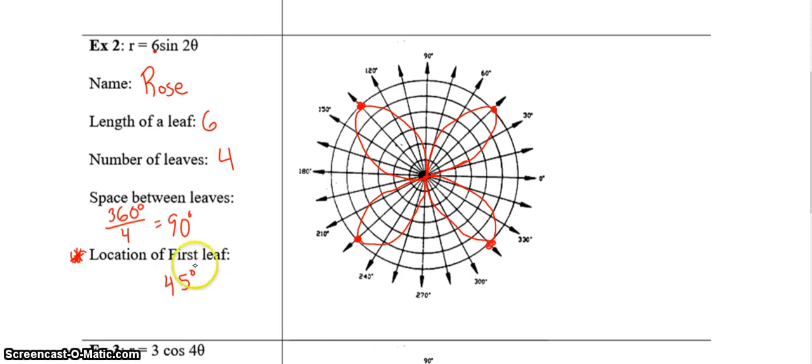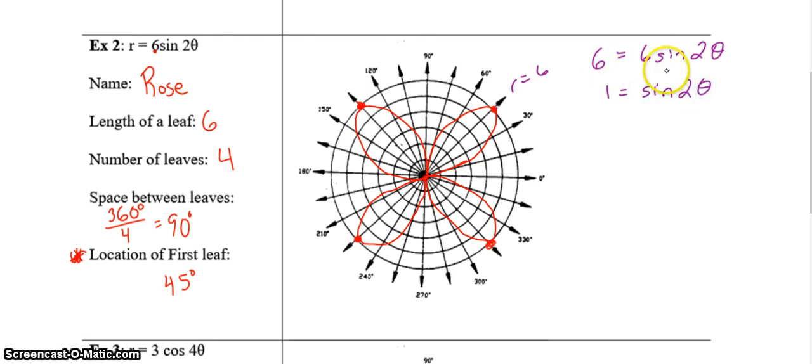Now, how do we get the location of the first leaf? That's really where the crux of the issue comes in. And really, that's the only place we have to use trigonometry. So, again, the leaf is how long? So that means in this case right here, r equals 6. So when is 6 equal to 6 sine of 2 theta? Well, solve for theta. Divide by 6. Now, here's the thing that I like to do.